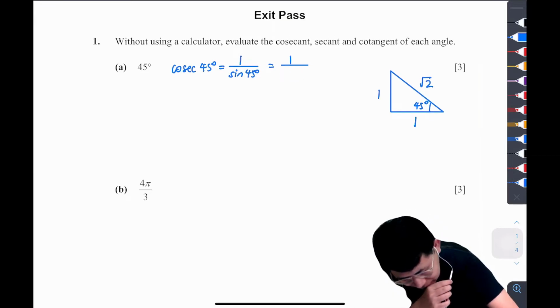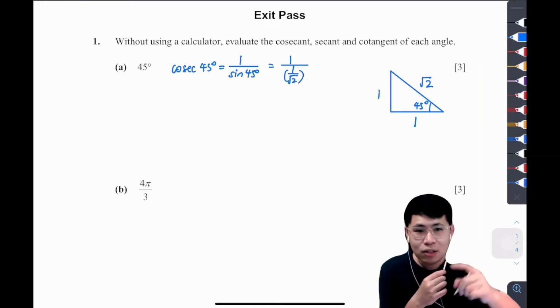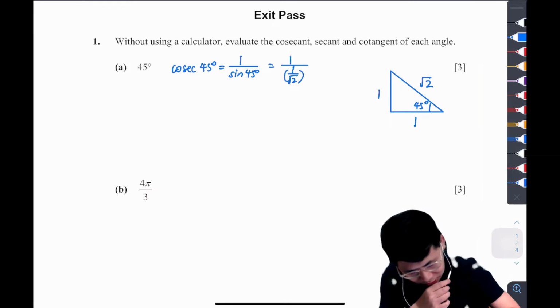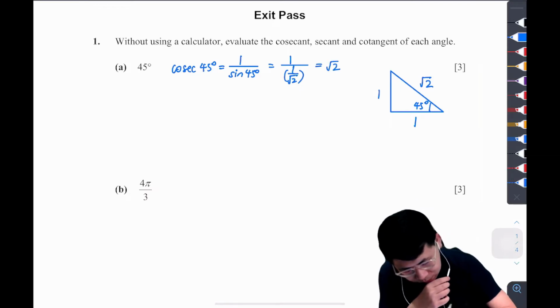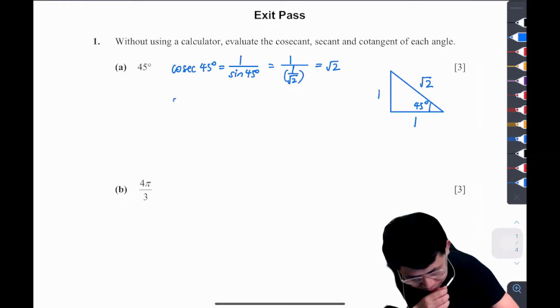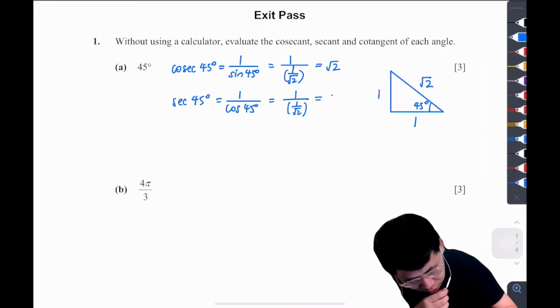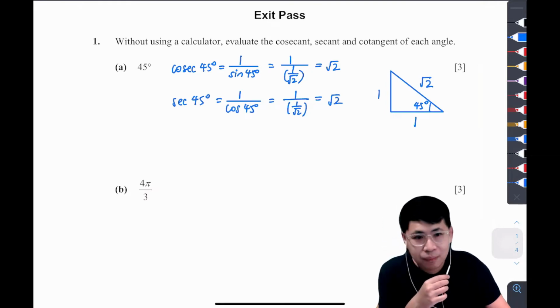Keep, change, flip, so this would be equal to root 2. Next, secant of 45. Secant 45 is 1 over cos 45. In the same way, this is also 1 over 1 over root 2. So keep, change, flip, I will get root 2 again.